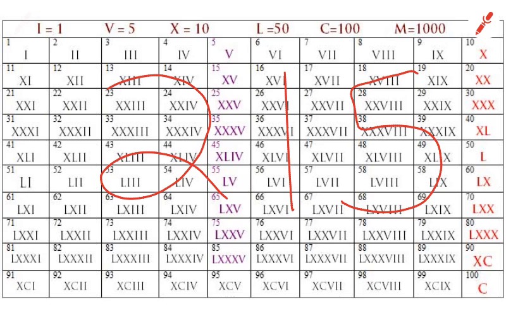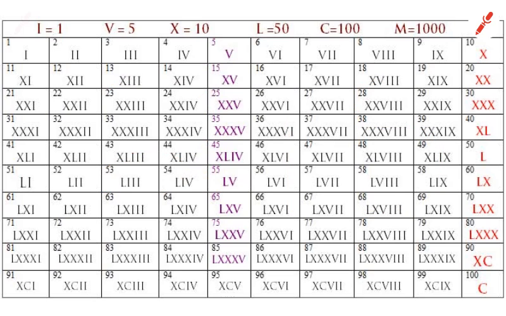Going across on B, we have MDCX. Let me get this back. Well, our M is 1,000. Our D is 500. So 1,000 plus 500 more, we got 1,500.